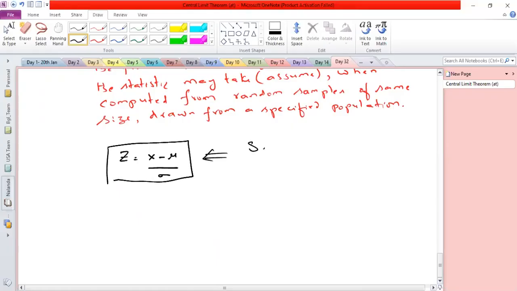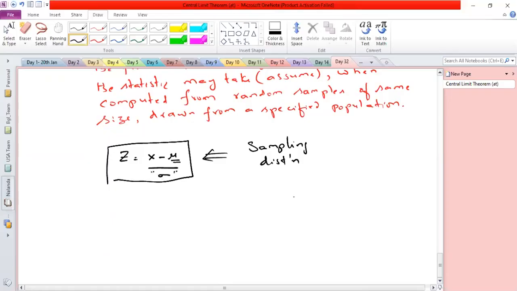I am applying it to the sampling distribution, where I have taken the averages of every sample. The problem here is that mu is unknown, but sigma is known.